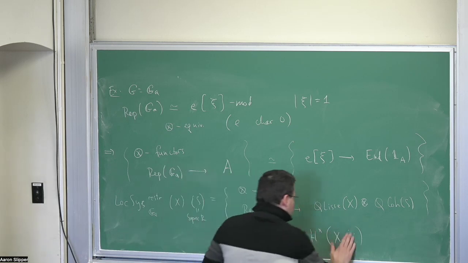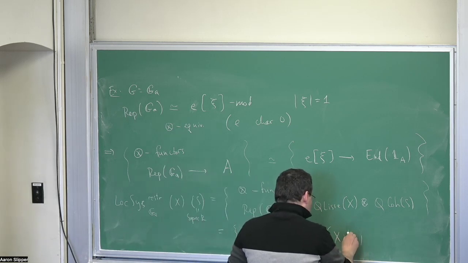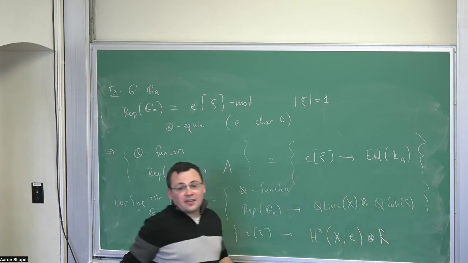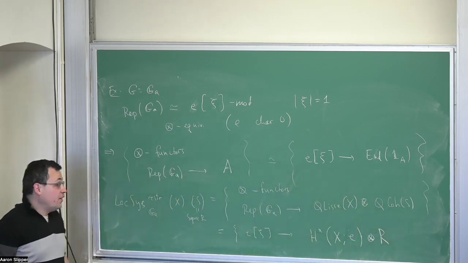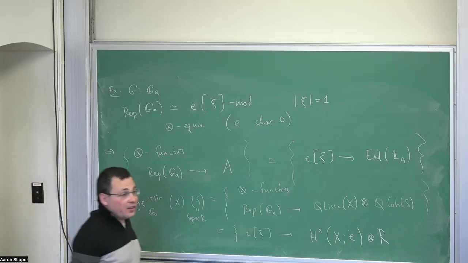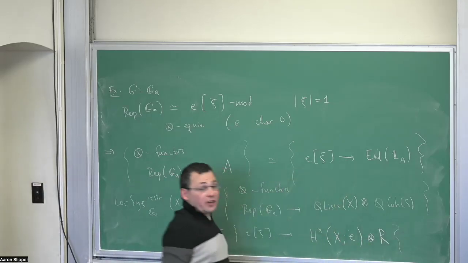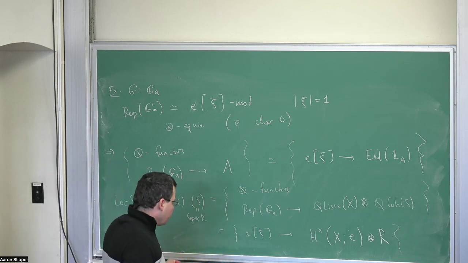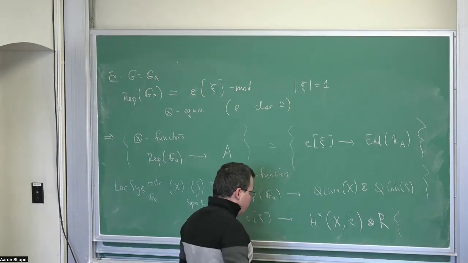Actually, let me say it: yes, I really need E tensor R. Clarify it. And maybe in the étale setting, it's not otherwise clear what I mean by this. So it's maps like this, and this is.